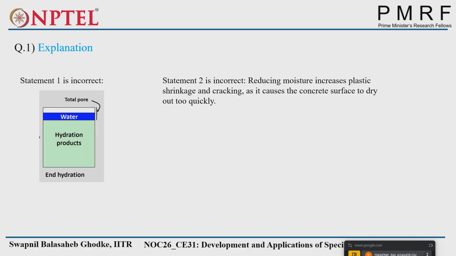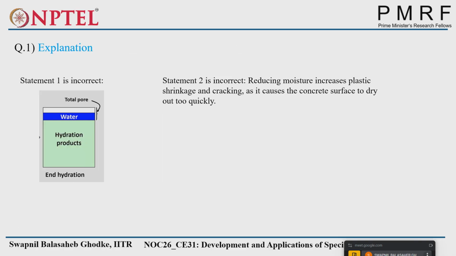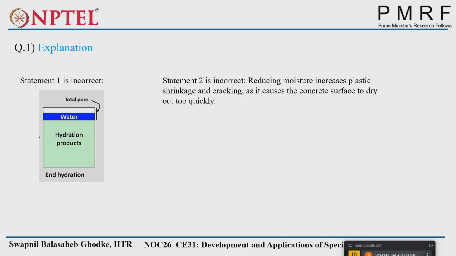Understood. No, no, not less loss. Moisture content is less, loss is more. So both the statements will be wrong. If you see the first statement, the loss of moisture from concrete: we saw in the last lecture the moisture loss. This is the water available in the concrete, and this is a certain amount of pores.